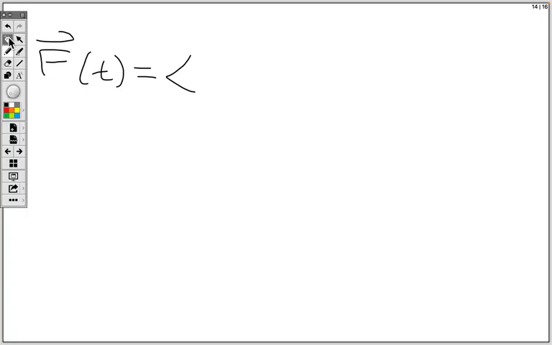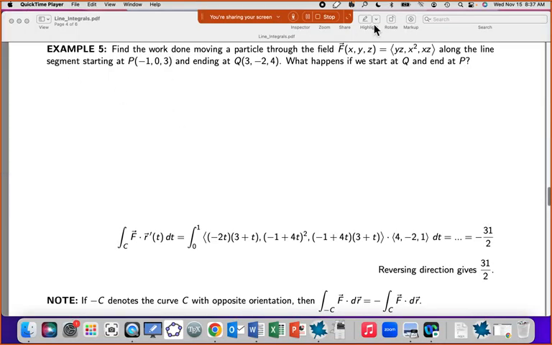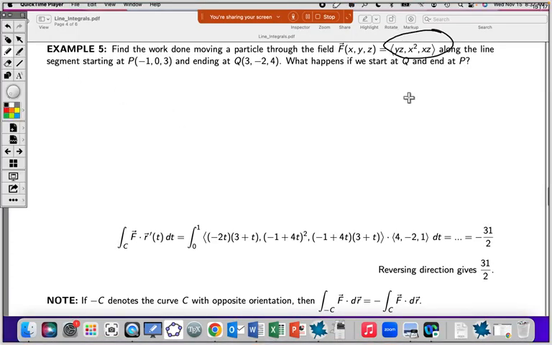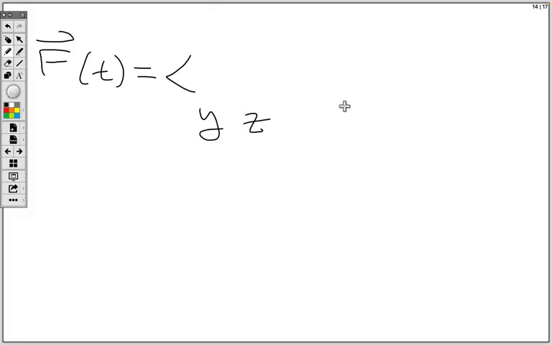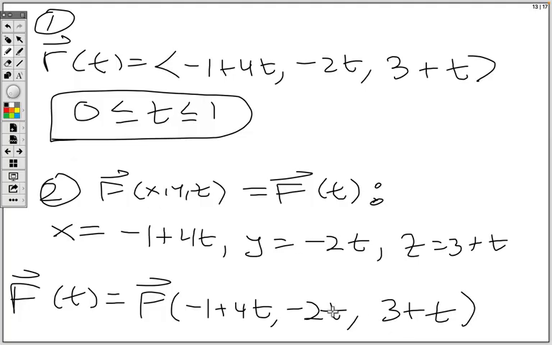All right. So go to my field. My field is yz, x squared, xz. So it's yz, x squared, xz. So y times z, y is negative 2t, z is 3 plus t.